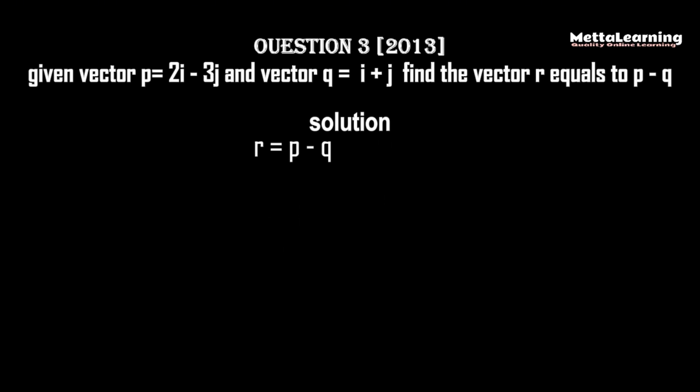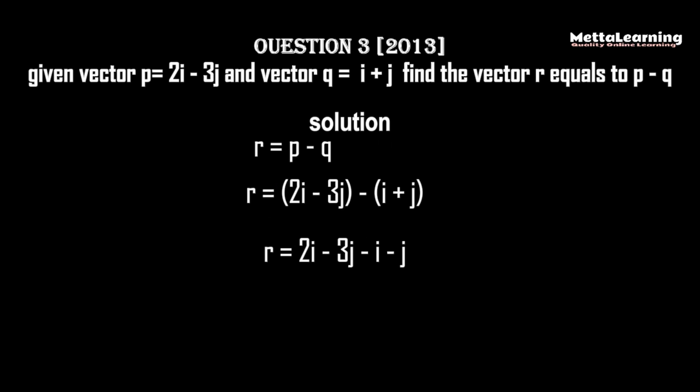R equals P minus Q means we're going to write the vector of P, then minus the vector of Q. So we have R equals (2i minus 3j) minus (i plus j). As we did in the first question, we operate on the numbers in accordance with their elements.